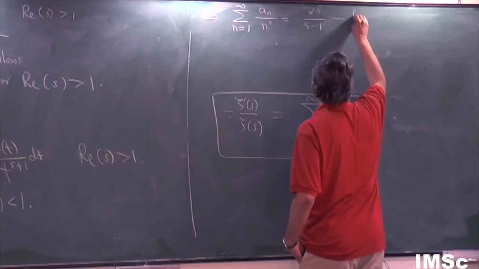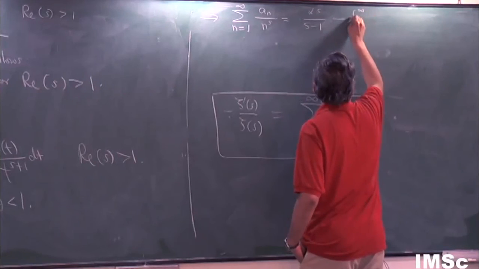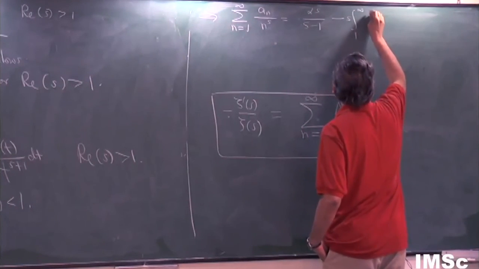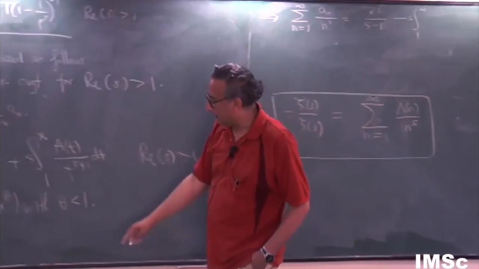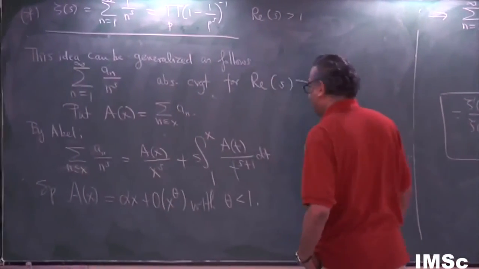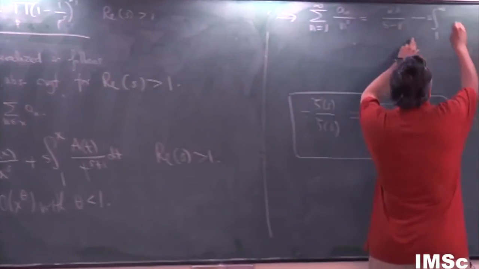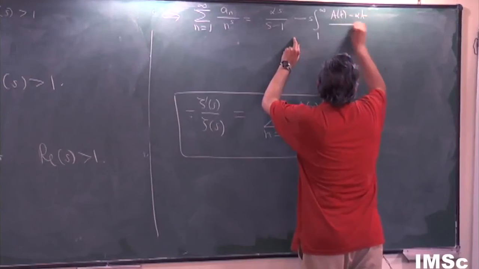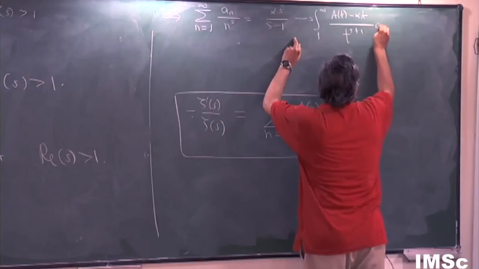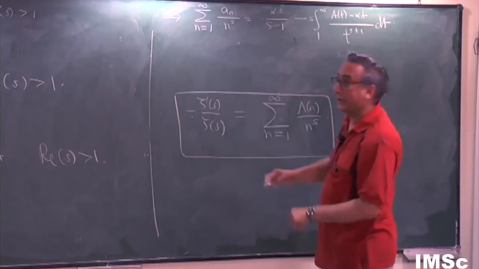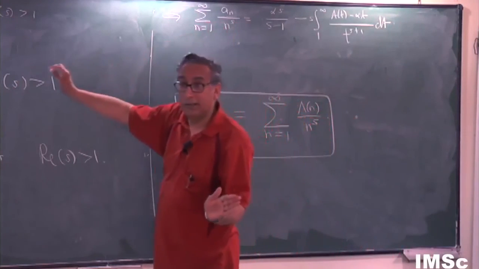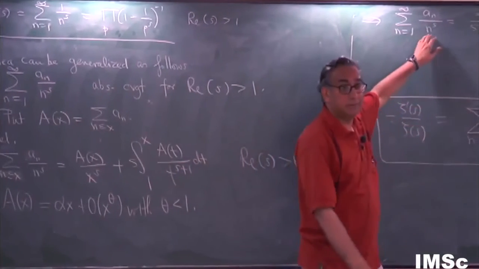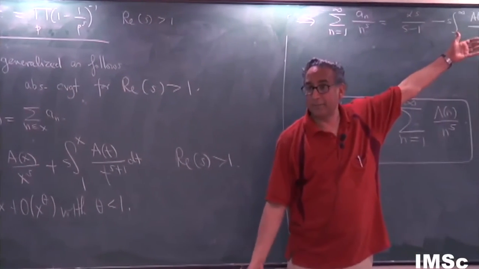Minus, I think, right? So maybe I shouldn't have called this O of x to the theta, but anyway, let's call this the integral of A of t minus alpha t over t to the s plus 1 dt. So the whole thing, as before, if you plug it in, you will end up showing this in its generality.